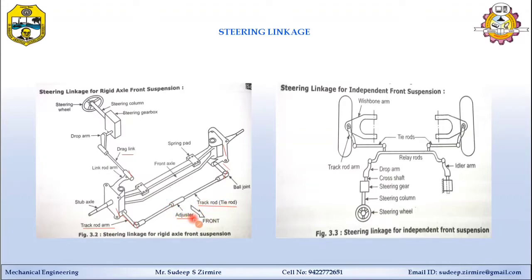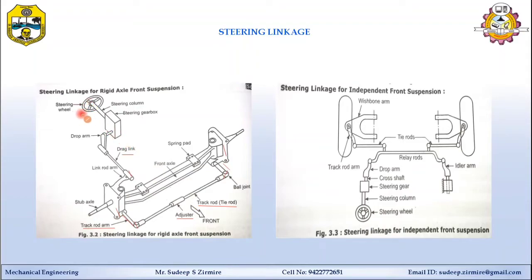And here you can see the adjuster. This adjuster is provided to position both the wheels in a straight ahead condition. In case of toe-in or toe-out, this adjuster is used to position the wheels in a straight position.